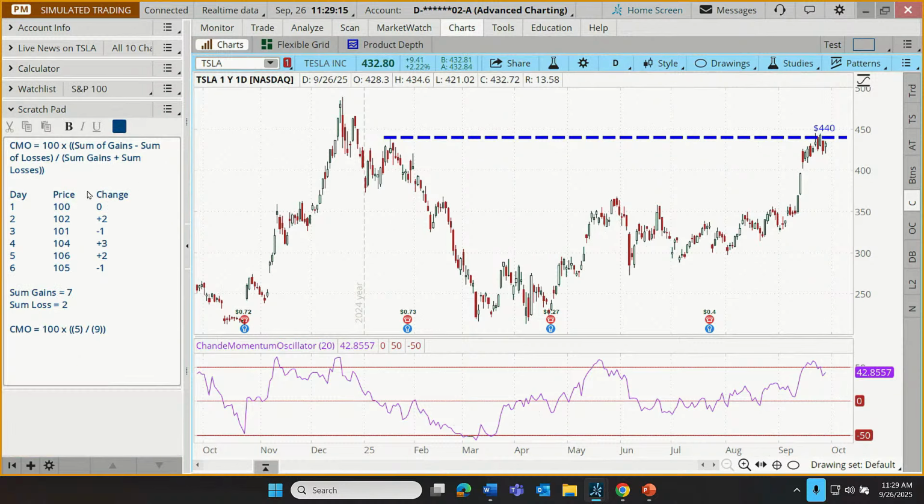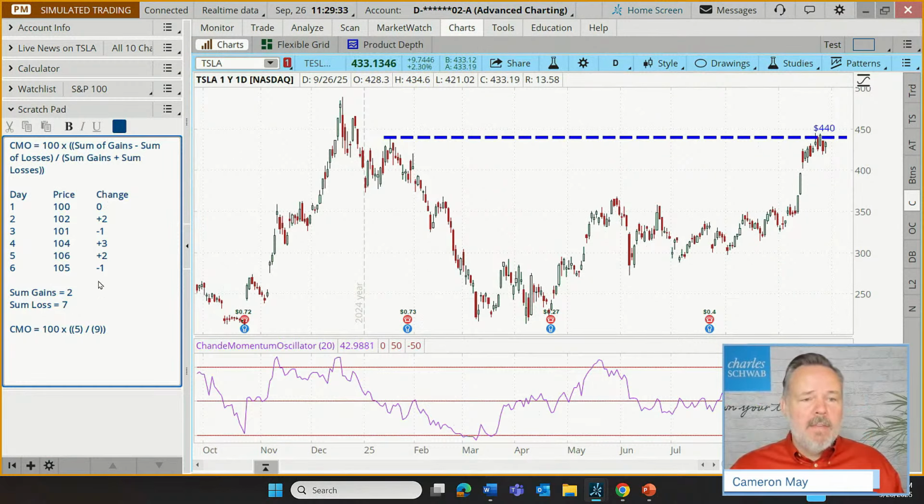Now, if we were to reverse all of these, if we were to just say, you know, maybe the stock went down $2, up $1, down $3, down $2, up $1. So that would just change this to a sum of gains of 2, a sum of losses of 7. And let's see, if we had a 2 minus a 7, that would be a minus 5, right? 2 gains minus 7 losses would be minus 5.